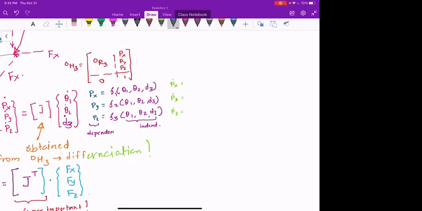And I'm going to express this as partial f1 by partial theta 1 dot plus partial f1 by partial theta 2 dot plus partial f1 by partial d3 dot.